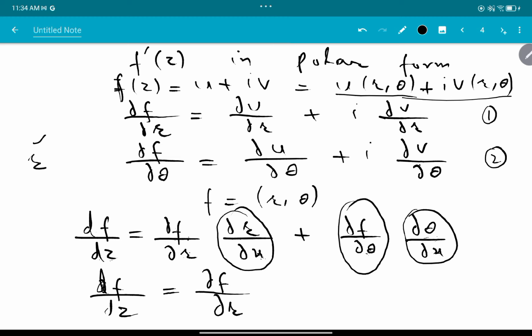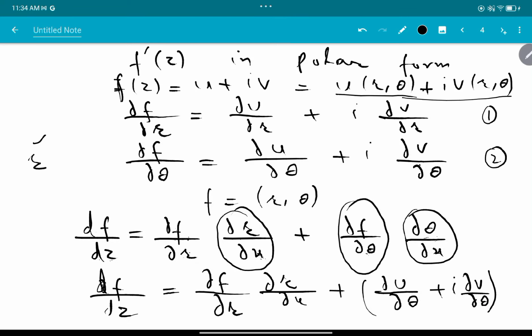Then they will not remain there, they will be substituted, replaced by their values, as you will see just after one more step. Del r by del x plus del f by del theta, I'm going to replace it by del u by del theta plus i del v by del theta into del theta by del x.